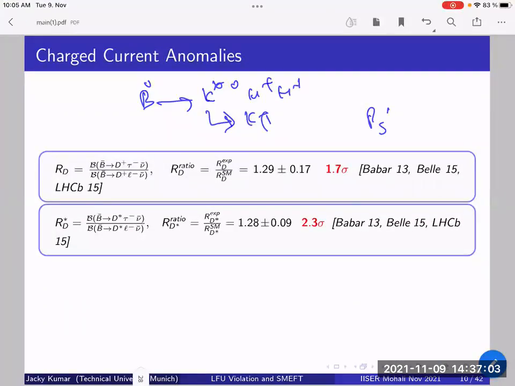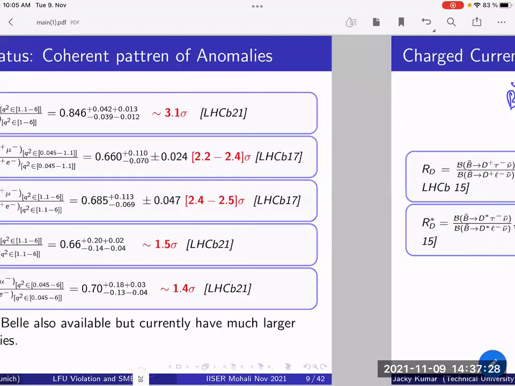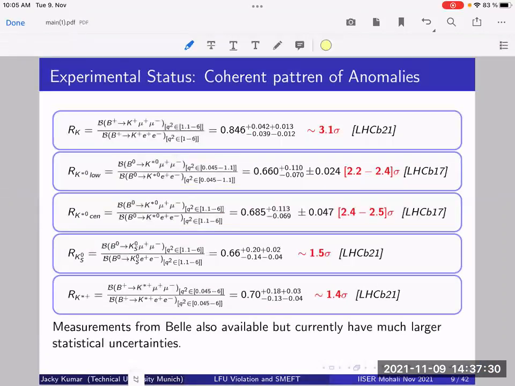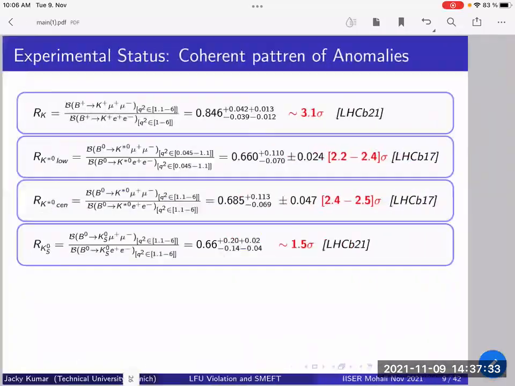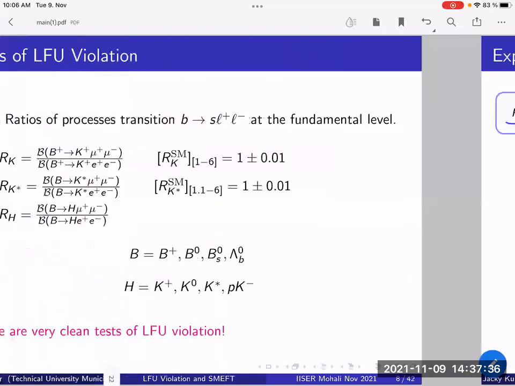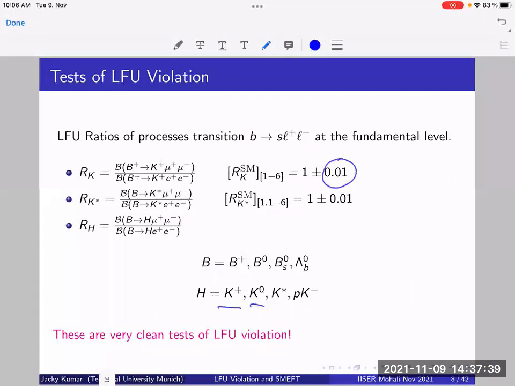But in this talk, it's not so important to list all the anomalies. We just want to see how to interpret them, how to learn about lepton-flavour universality in general in the SMEFT. These modes also have a problem with theoretical predictions, because in the ratios the hadronic uncertainties are mostly cancelled.